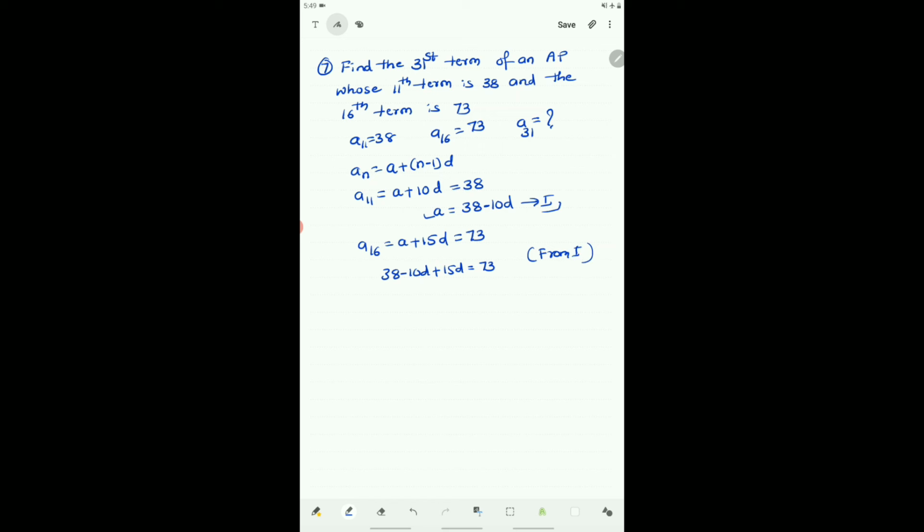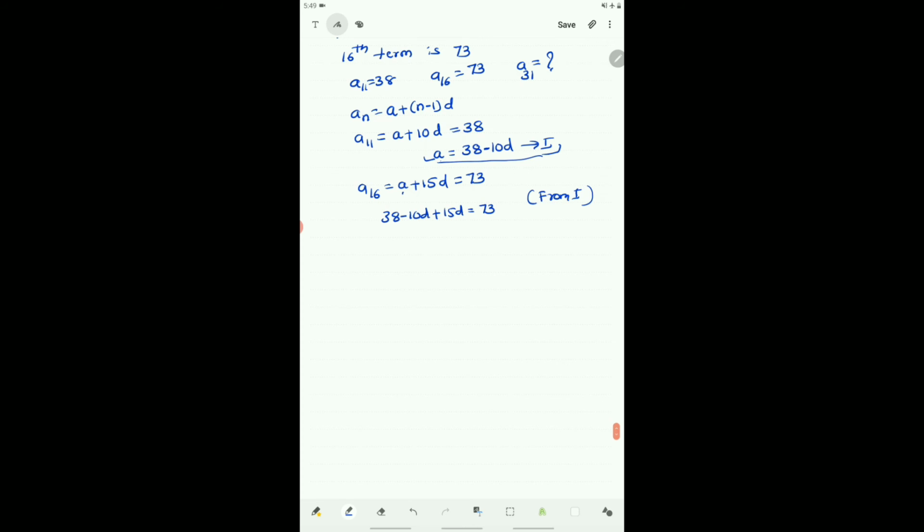In the first relation you got A means 38 minus 10d, then 38 minus 10d plus 15d, minus 10d plus 15d means plus 5d is equals to 73.